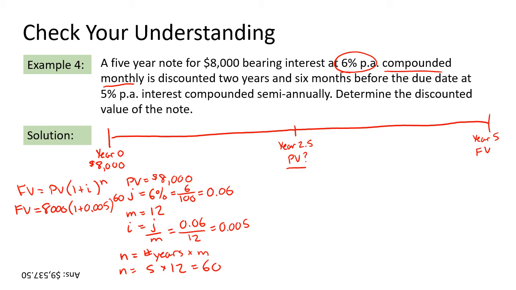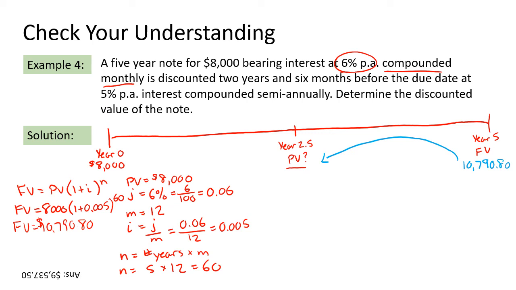If you calculate that value out, you'll get $10,790.80. Okay, so that is your future value sitting at year 5, $10,790.80. So now we have to take that and discount it back to find the present value at year 2.5.